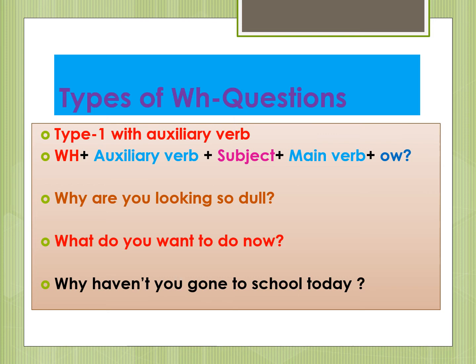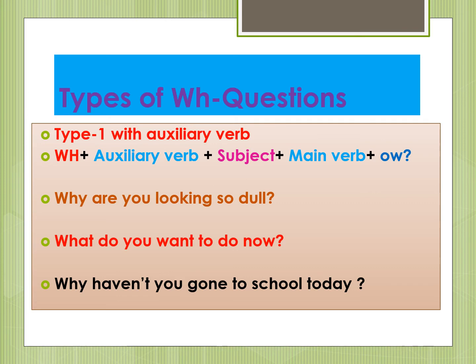Students, have you understood the first type of WH question? So the first type of WH question will have an auxiliary verb. In these three examples, auxiliary verbs are there.